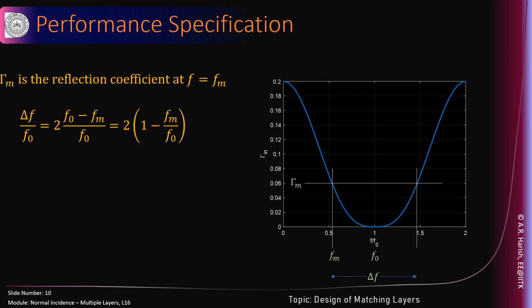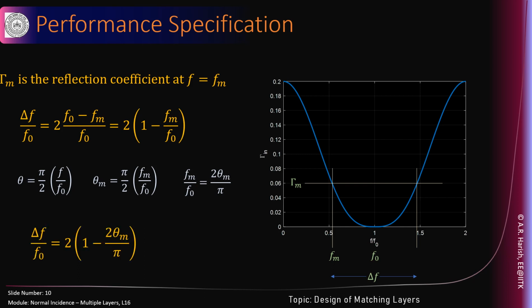Do we know what theta is? Theta equal to pi by 2 f upon f naught. If I make theta as theta m, f becomes fm. Now I have a relationship between theta m and fm by f naught. Therefore, I can express fm by f naught as 2 theta m upon pi. Substitute back in this equation, we have delta f by f naught as 2 times 1 minus 2 theta m upon pi.